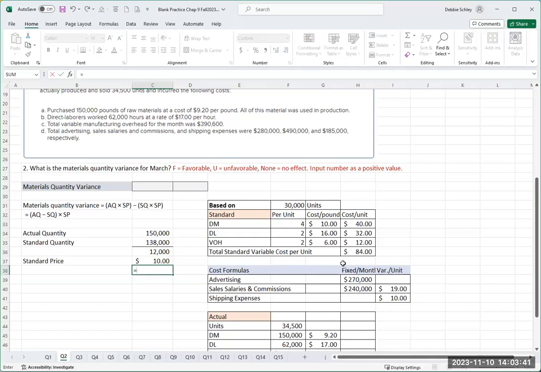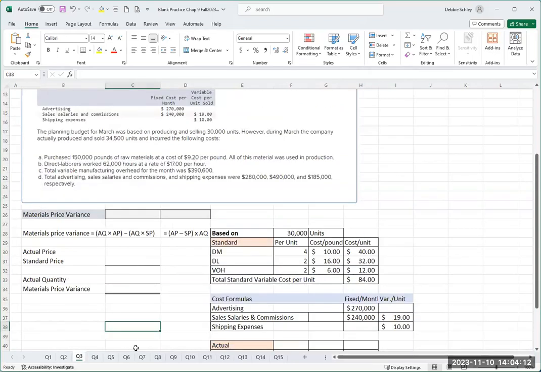And so if I multiply the 12,000 times the $10, that gives me a materials quantity variance in dollars of 120,000. So my actual quantity was more than my standard, and so that is unfavorable. Because remember, the standard is what we thought was going to happen.